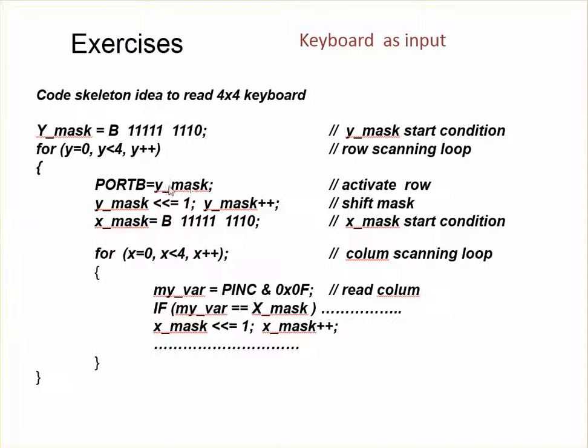That will activate then one of those 4 lines of our keyboard. And if we do this 4 times multiplied by 4, then the if will be done 16 times. So we can check all these keys from our keyboard.